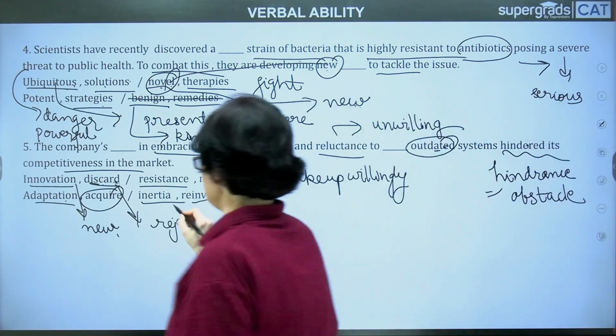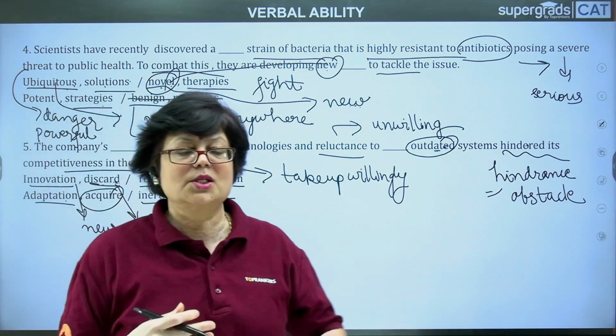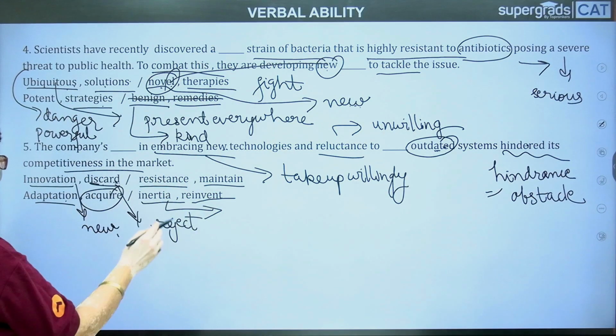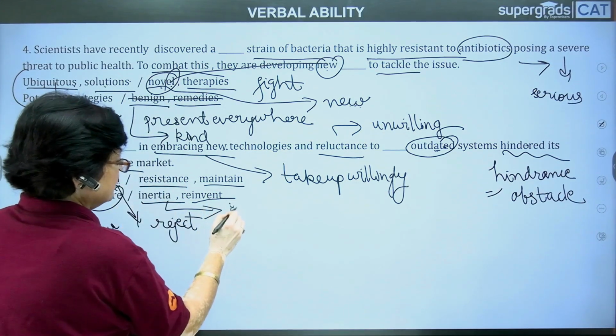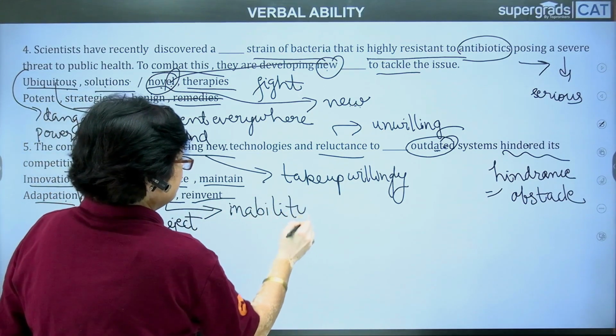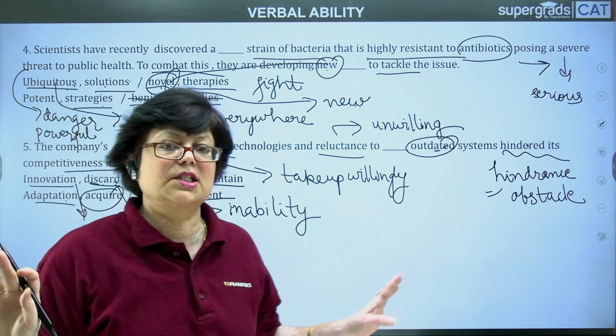Inertia means like either a state of rest or a state of motion, right? So the company's inertia means not the inability. Here in this context, you can relate inertia with inability. Inertia means inability, not taking any action, right?